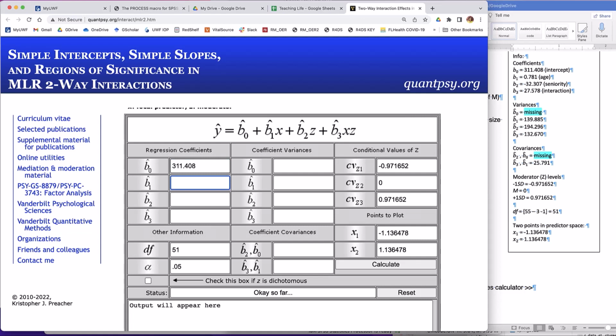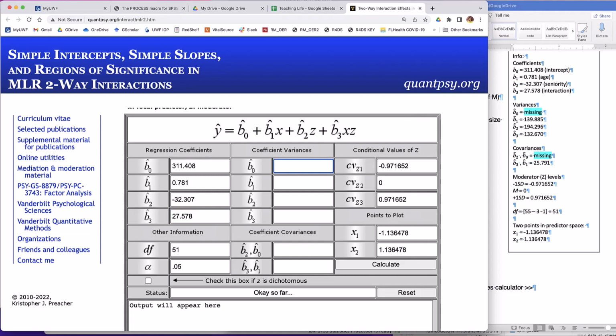So 0.781, 32, negative 32.307, and 27.578 for the interaction. And then if I tab, it goes right up to coefficient variances.